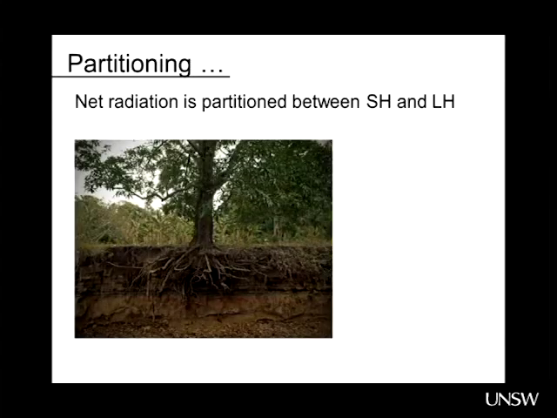In order to drive latent heat from the surface, you've got to get water to the layer at which the gas exchange is taking place. And that can be in a variety of different places. But here is a good example of how forests manage to source water to evaporate. This is a non-Australian tree.